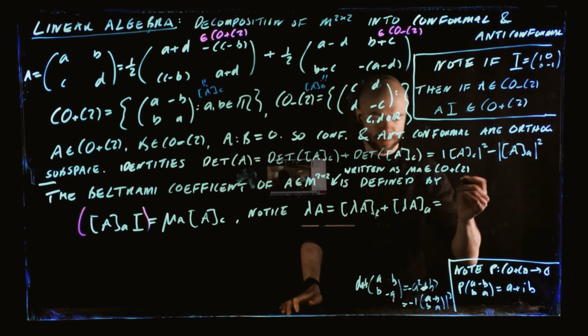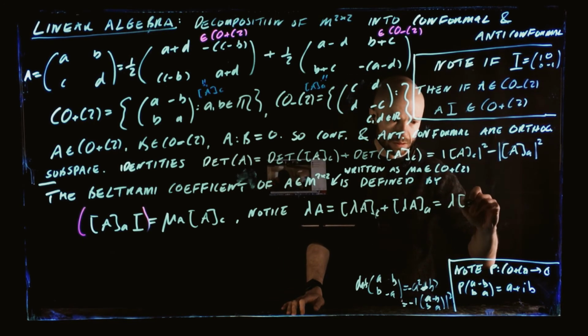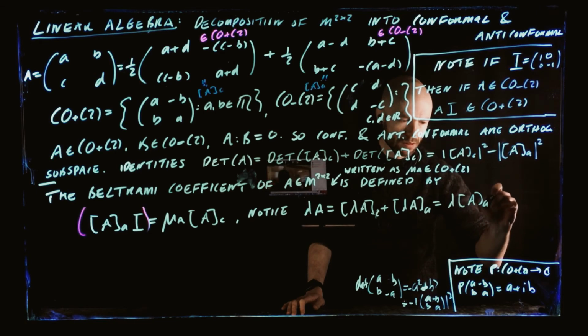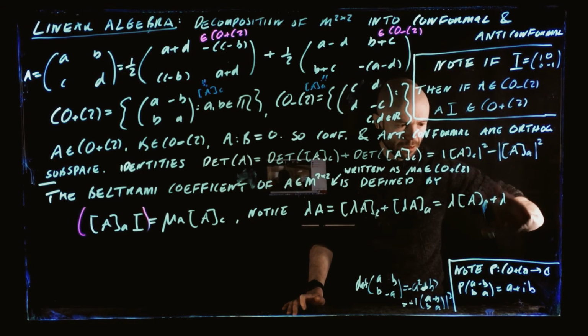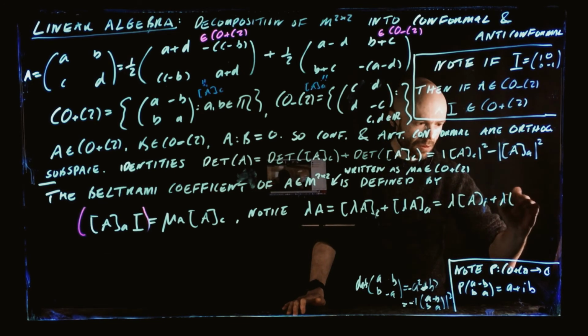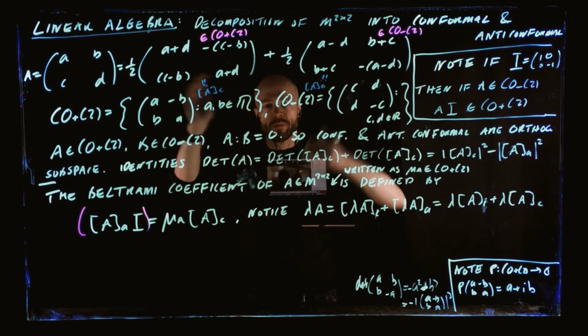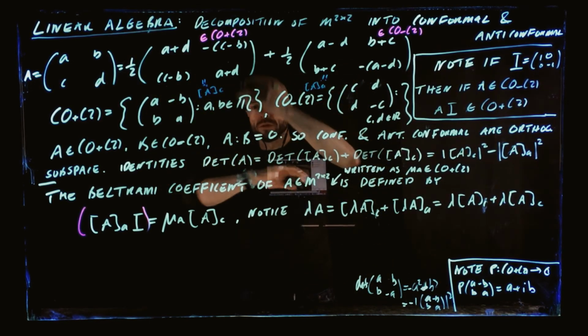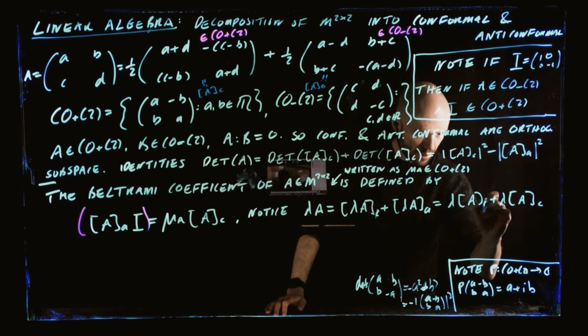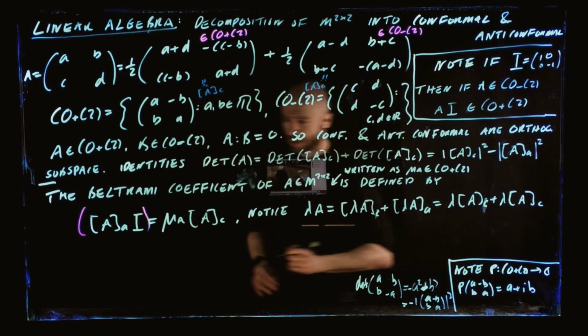Because these are linear, we can just pull them out. The polar decomposition is unique as it's a linear projection onto orthogonal subspaces. Uniqueness is clear.